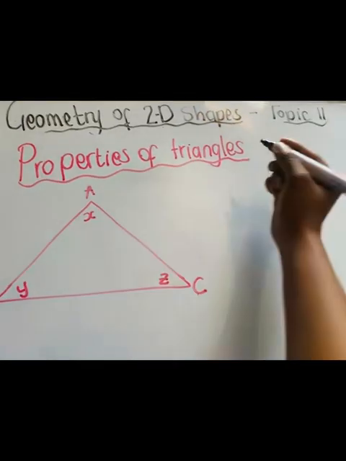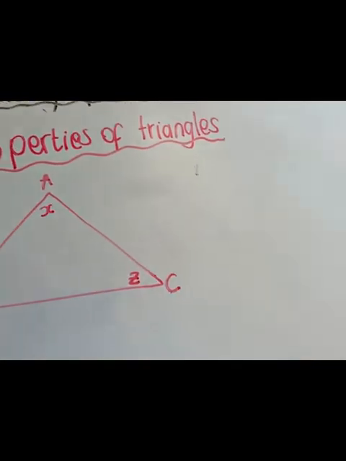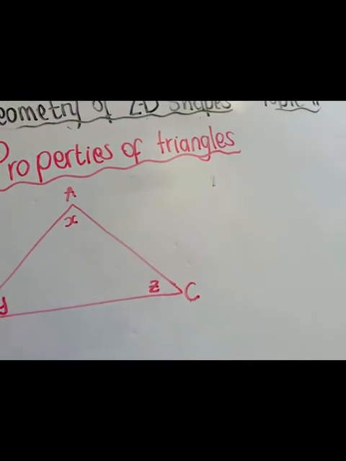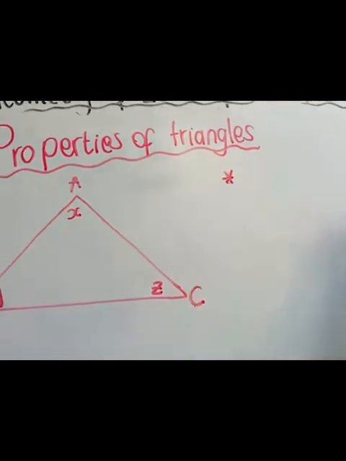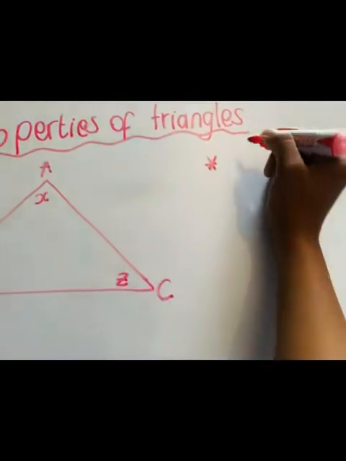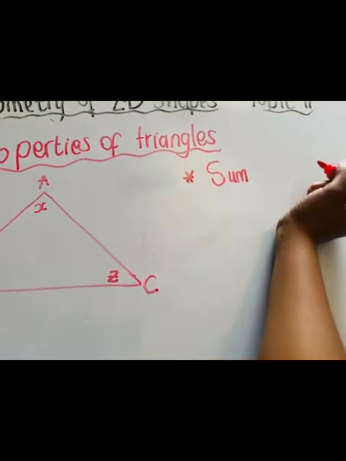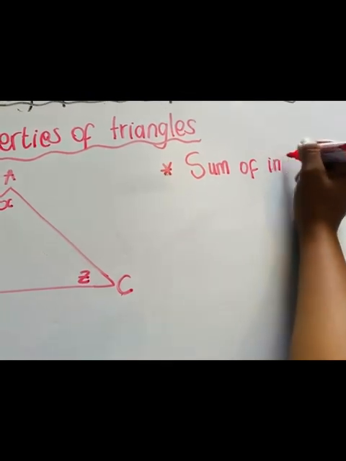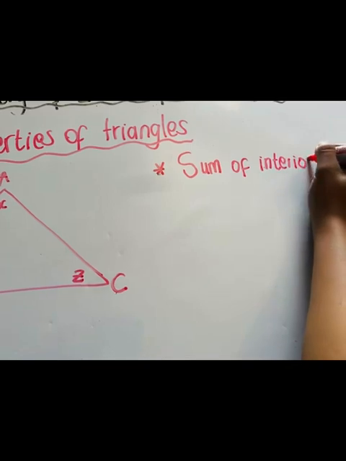Right, so the theorem of triangle number 1 states that the sum of the interior angles of a triangle must add up to 180. So it says the sum, meaning we are adding the sum of interior angles. Now we're going to focus on these words very carefully.